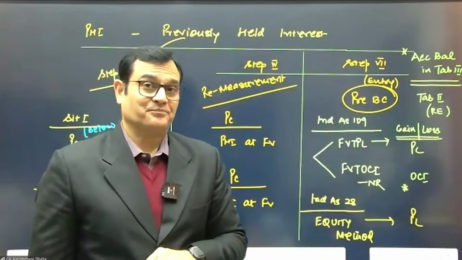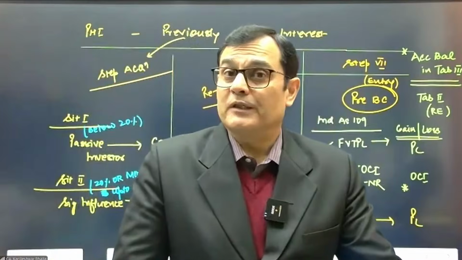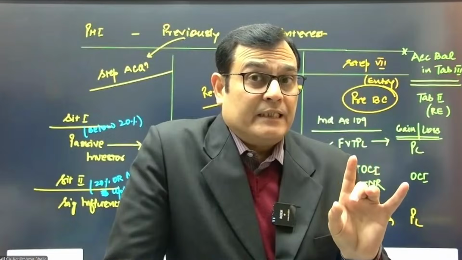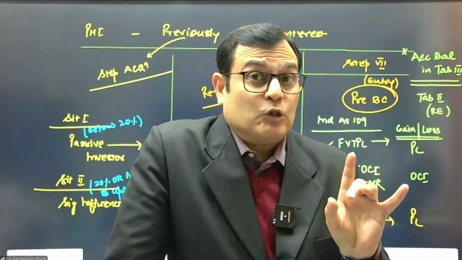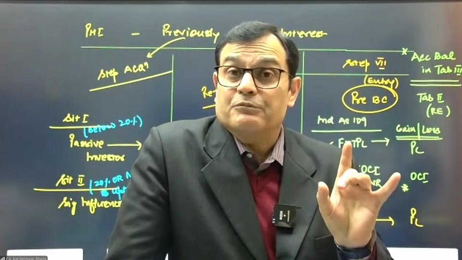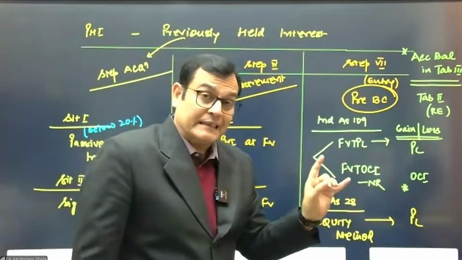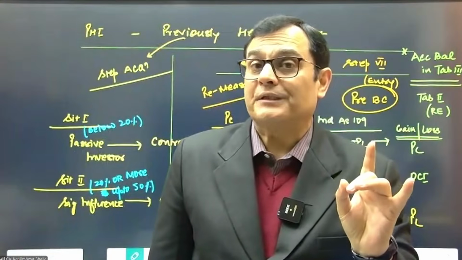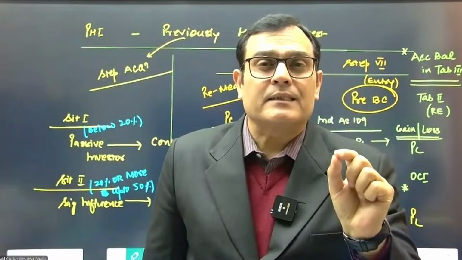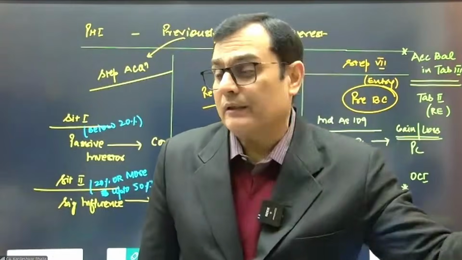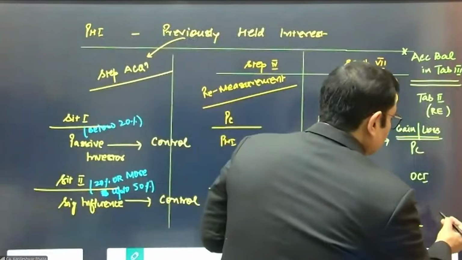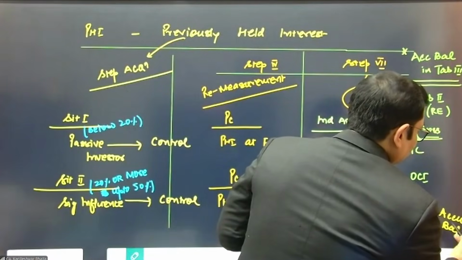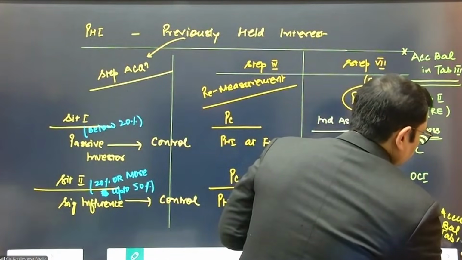And though it's a little early, so we'll not cover it in Ind AS 103, due to the application of Ind AS 28 there will also be an accumulated balance in tab number 3 in terms of OCI.